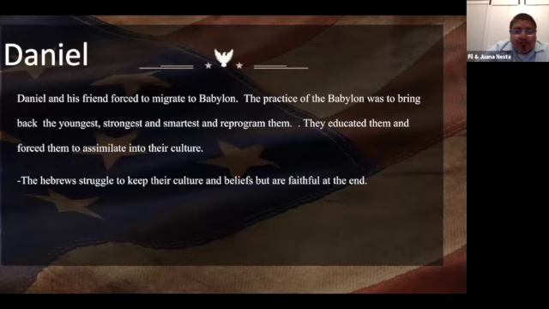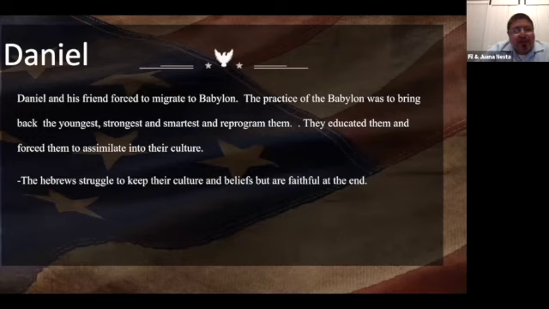And they were there for 70 years. So these Hebrews struggled to keep their culture and beliefs, but as you see at the end, they were faithful to their God. So this just goes to show the struggles that immigrants encounter as they migrate to another country, especially if it's a forced migration.